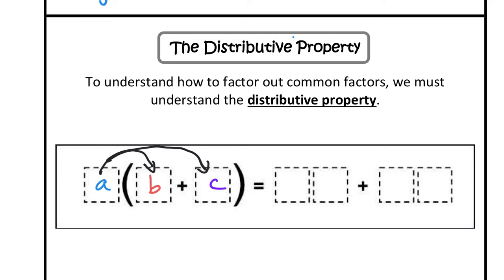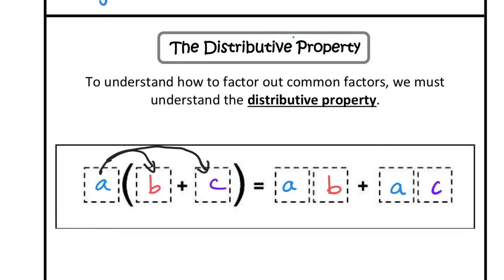So you're going to end up with multiplying A times B and multiplying A times C. The distributive property, we've seen it before. You're just multiplying the number in front of the parentheses, making sure that it's being multiplied with each item inside the parentheses.